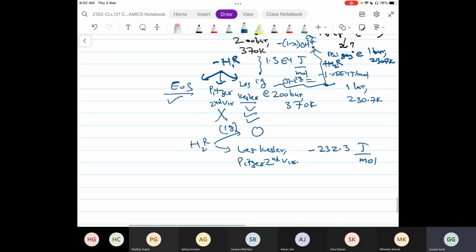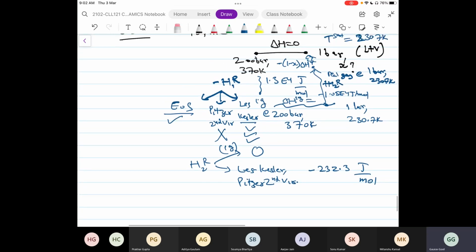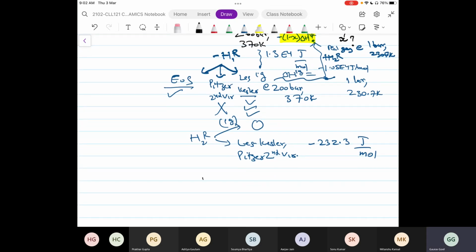Now the last part which is left is phase change. For that, I will use the Clausius-Clapeyron equation. And I got, at the given conditions, this particular value from Clausius-Clapeyron.